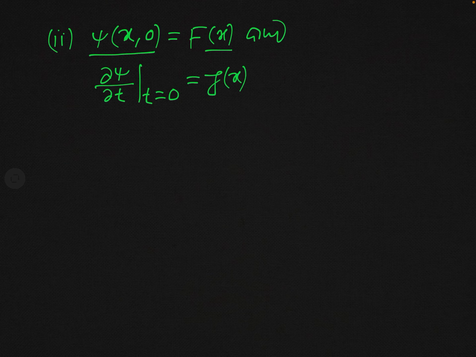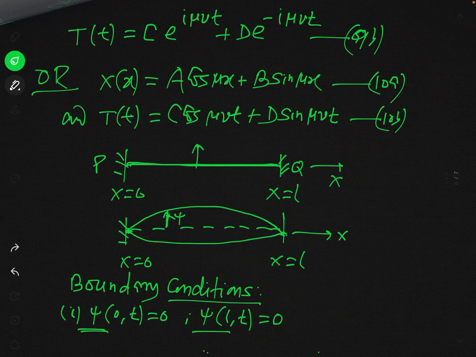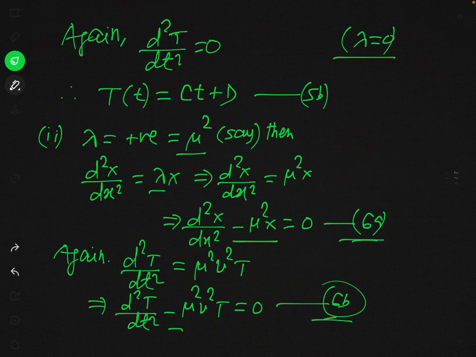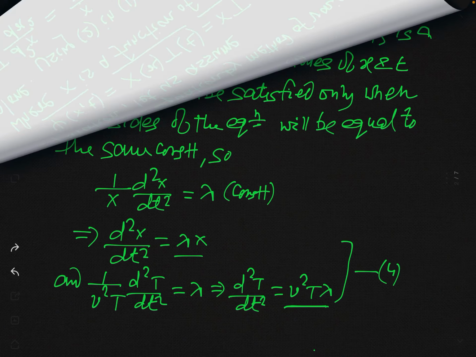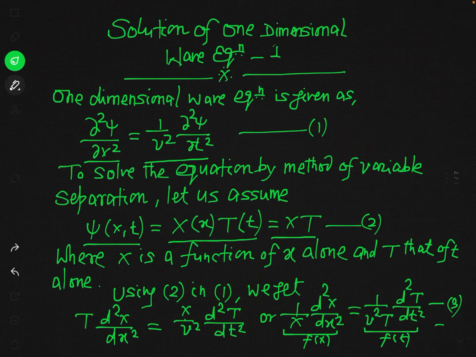Now you have seen the solution of our wave equation in one dimension. I have written in the beginning here that this solution psi of x,t is equal to X of x times T of t. In fact, this solution holds for all values of x and t.